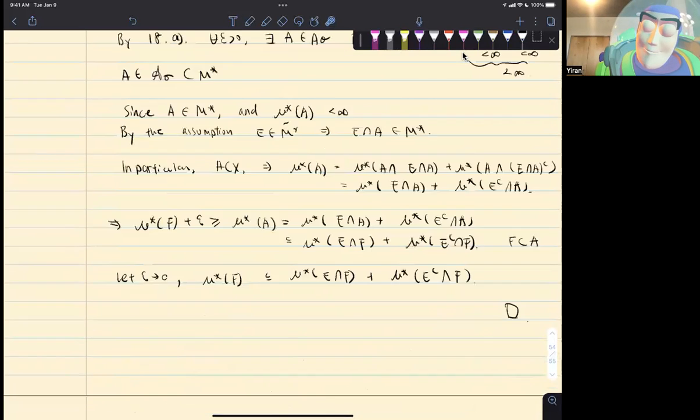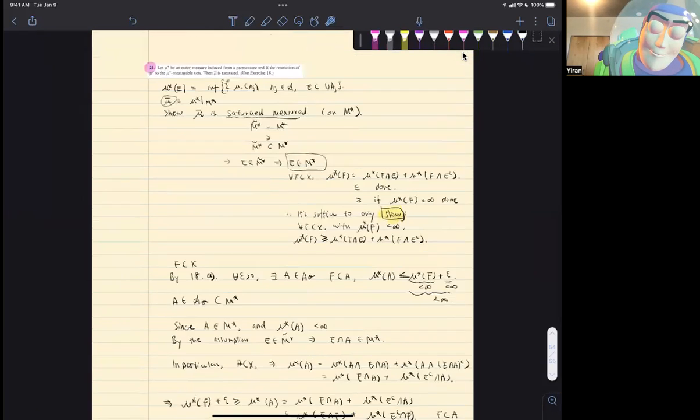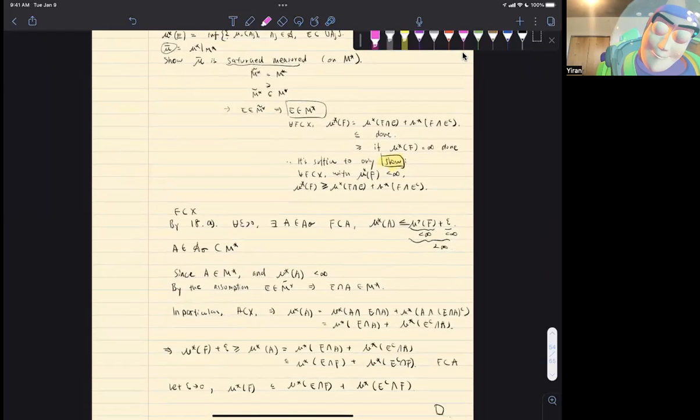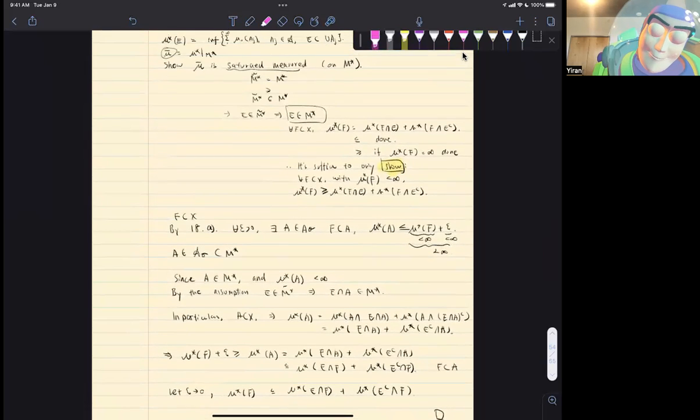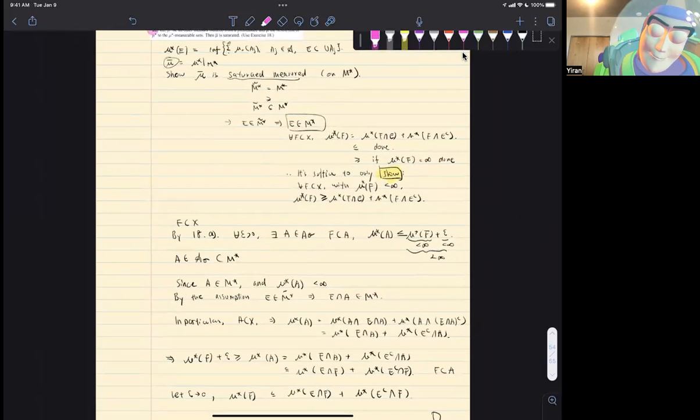we're done, right? So I think the gist of this problem is that it is not complicated, but you need to make certain observations, and I didn't successfully make them when I was first writing this problem.